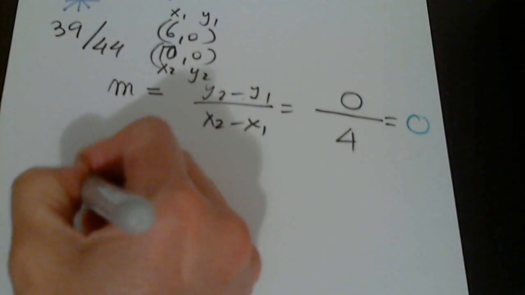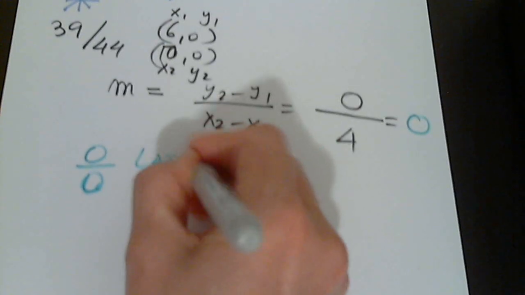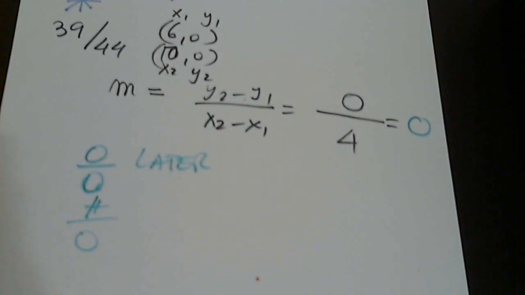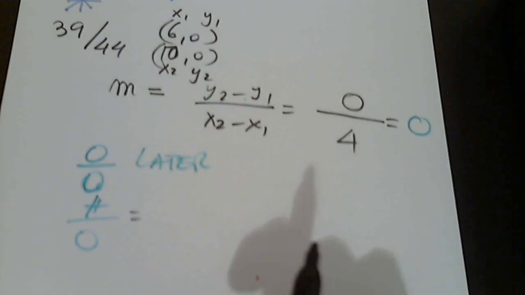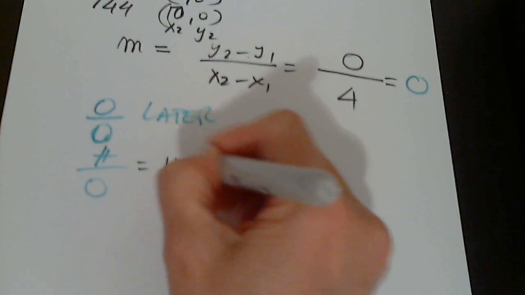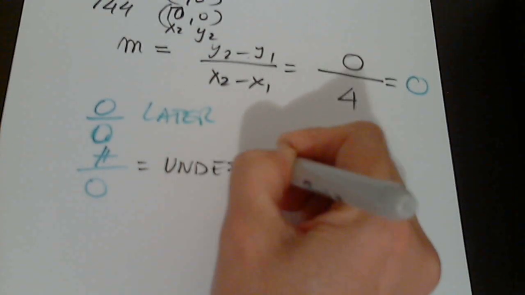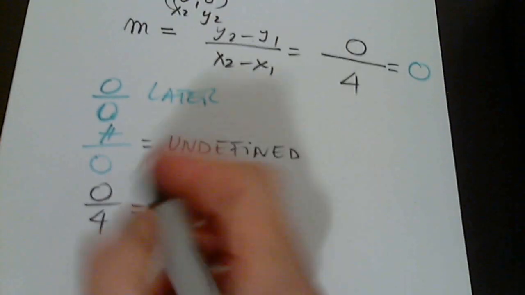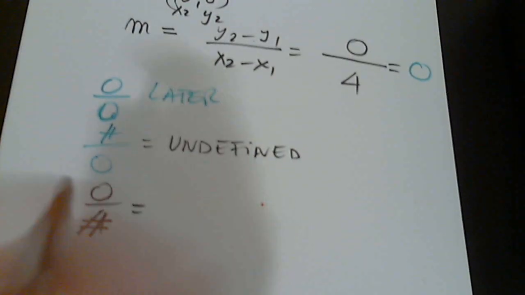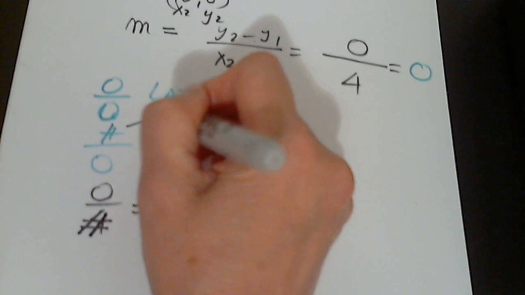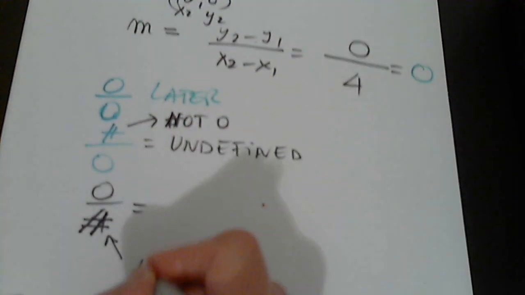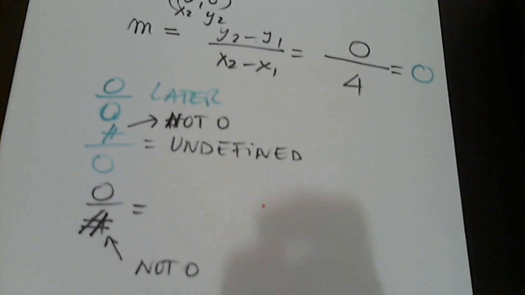0 over 0, later. A number over 0, tragedy. Undefined. 0 over 4, or any number not 0, this is nice.